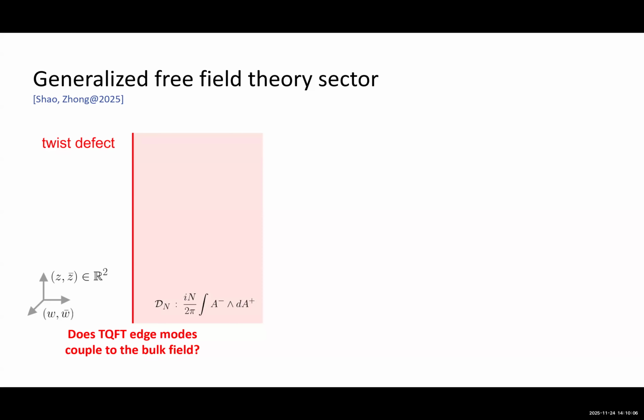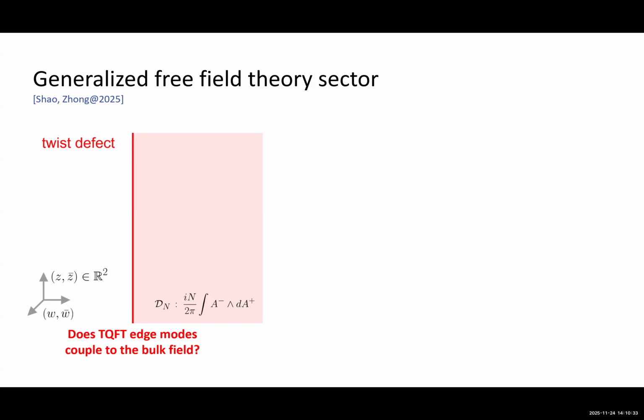So a very first concern that we had in mind is that, since this TQFT could possibly lead to some massless edge modes, do we have to consider the possible coupling, for example, between this edge mode and the bulk field? It may even make sense to consider such couplings. Well, nevertheless, let's just shut up and do the calculation and see how it goes.